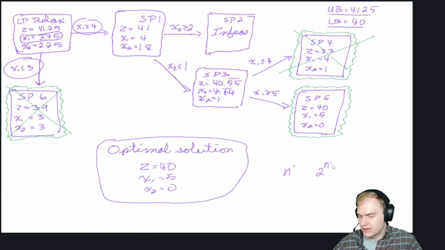So this is not an ideal solution to the problem of integer programming, but it's also not our only solution. We'll talk about another version, another idea tomorrow. But it is a very common one.